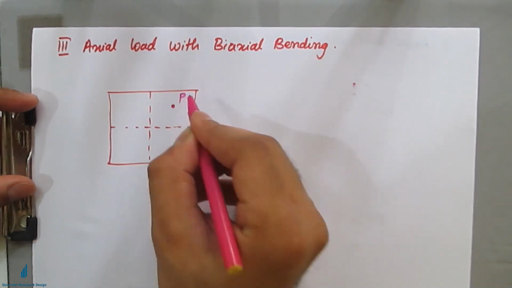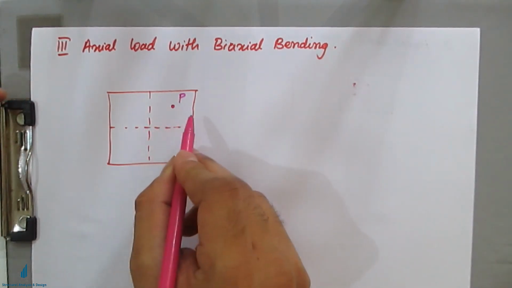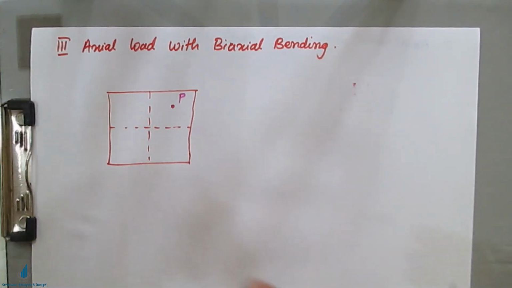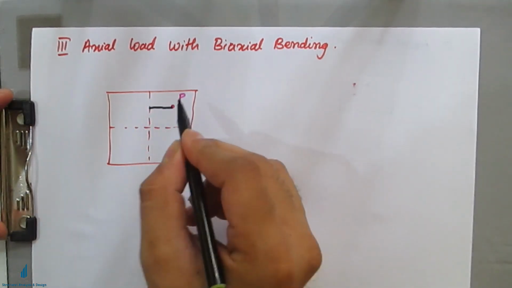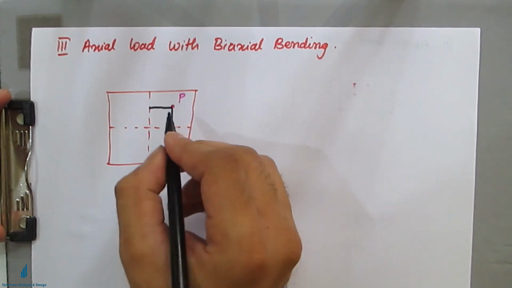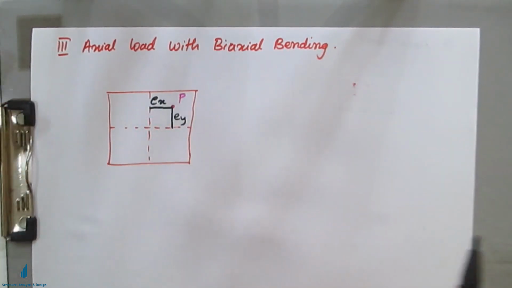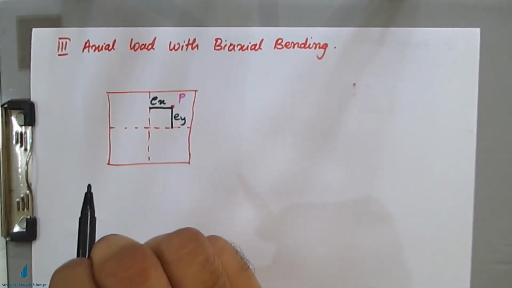This is your P. So it is neither acting along any axis nor passing through the centroid. So automatically this will give rise to an eccentricity along the x-axis and along the y-axis. So this is known as ey and this is ex. So it will create two eccentricities for the column.